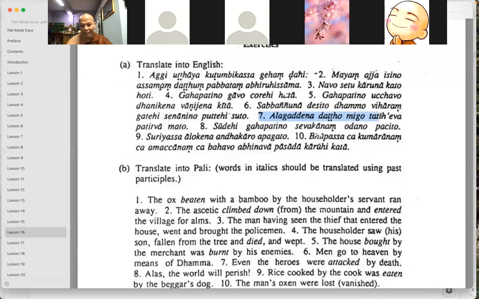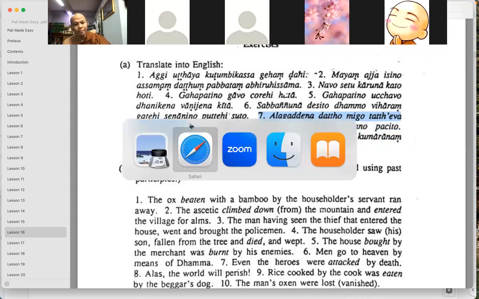Ala gadina dato migo datewa mato. Ala gadina dato migo datewa baditawa mato.